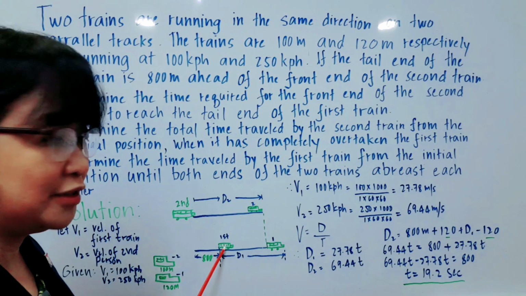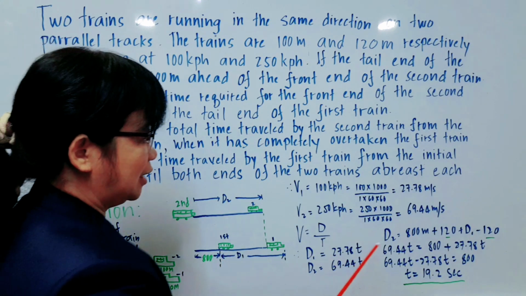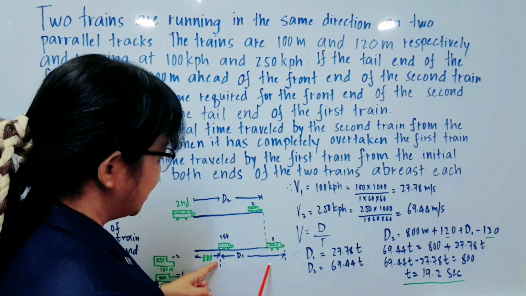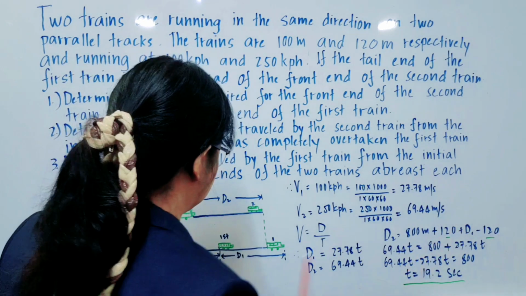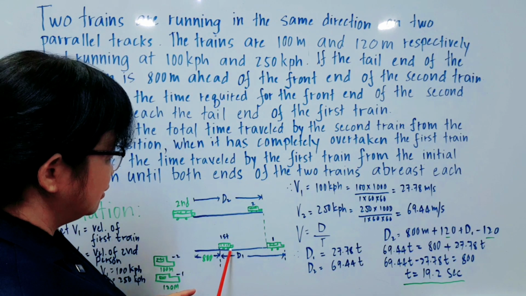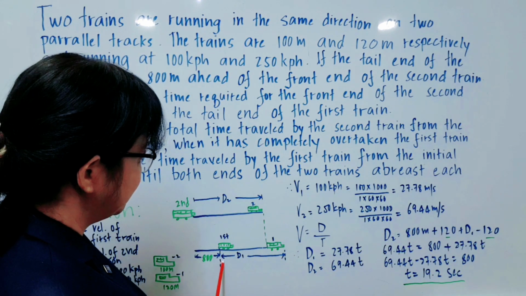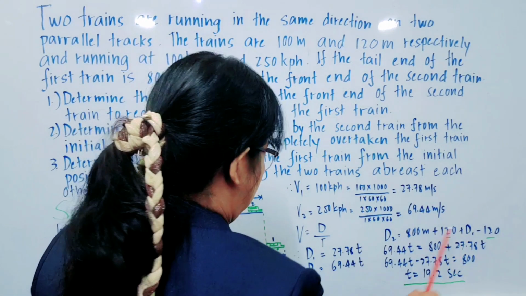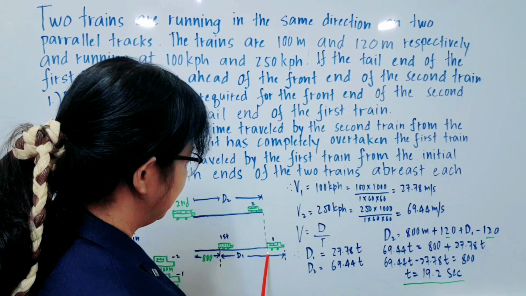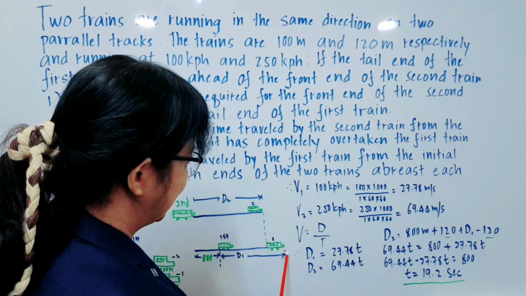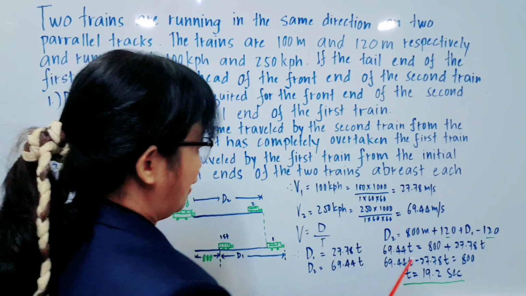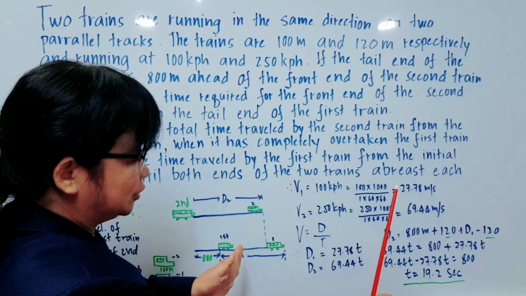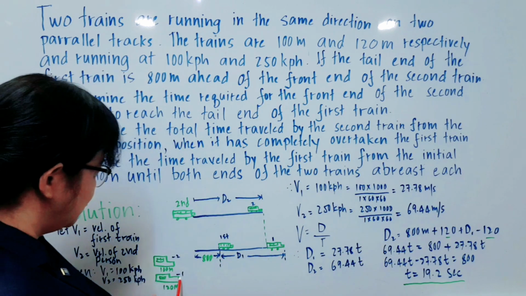So it is plus 120 plus D1, which is the distance of the first train to travel from the original point to the end point. It is supposed to be here only, but we have until the front end. So D1 minus the length of the first train, which is equal to 120 meter.